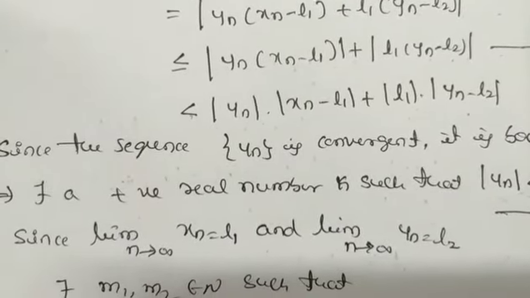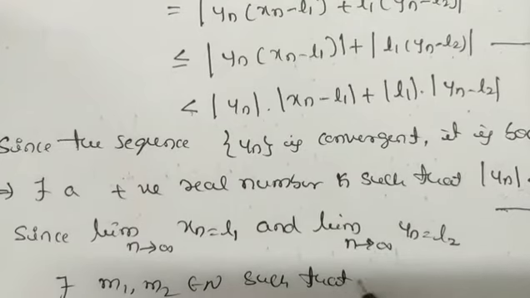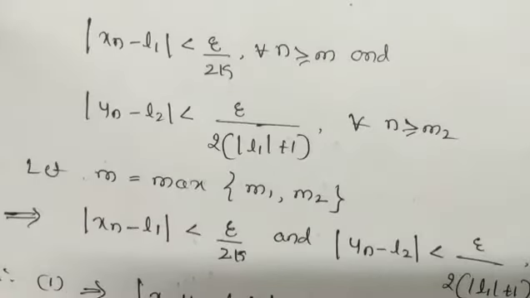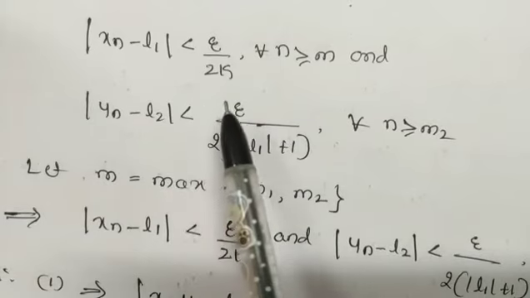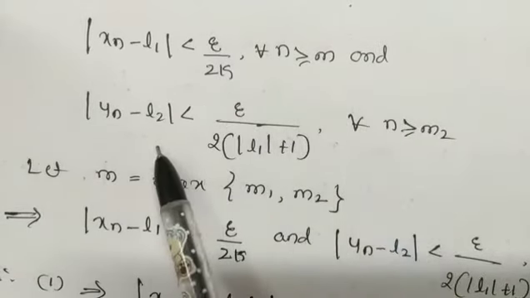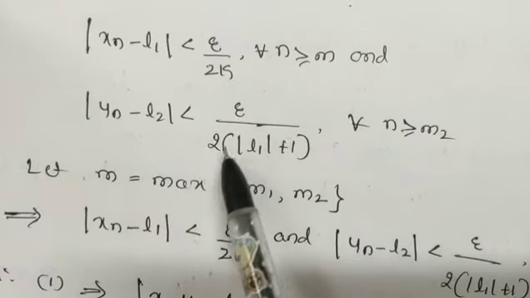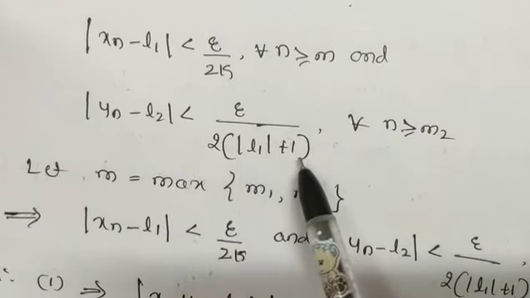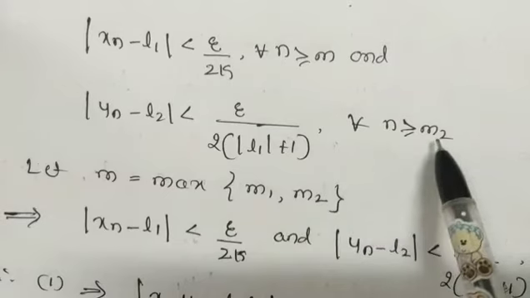Then there exist m1 and m2 belonging to N such that mod xn minus L1 is less than epsilon by 2k for all n greater than or equal to m1, and mod yn minus L2 is less than epsilon by 2 into (mod of L1 plus 1) for all n greater than or equal to m2.